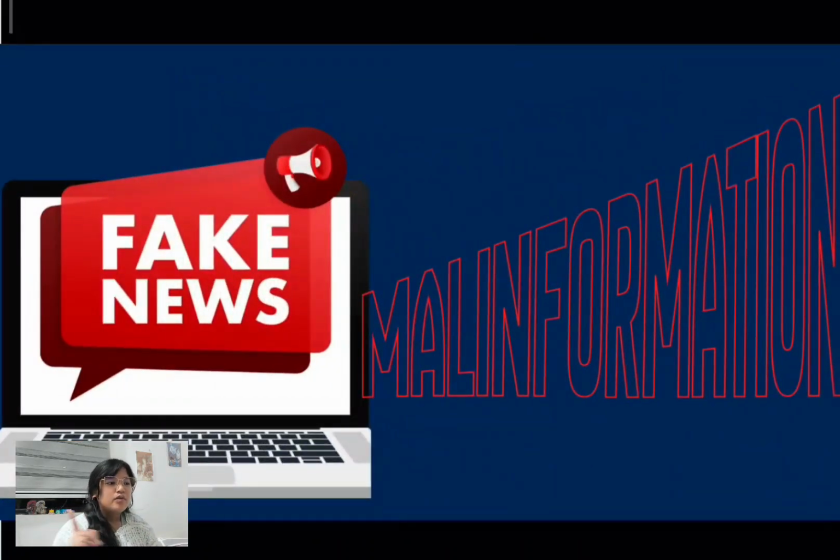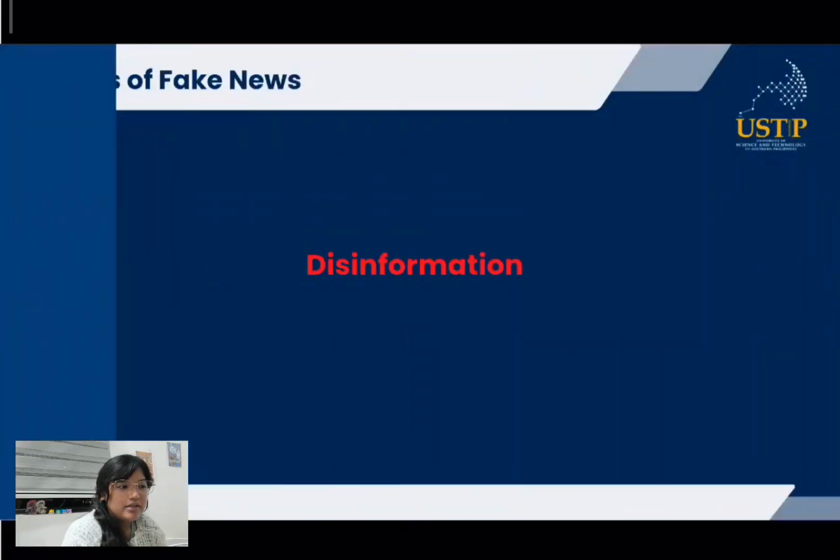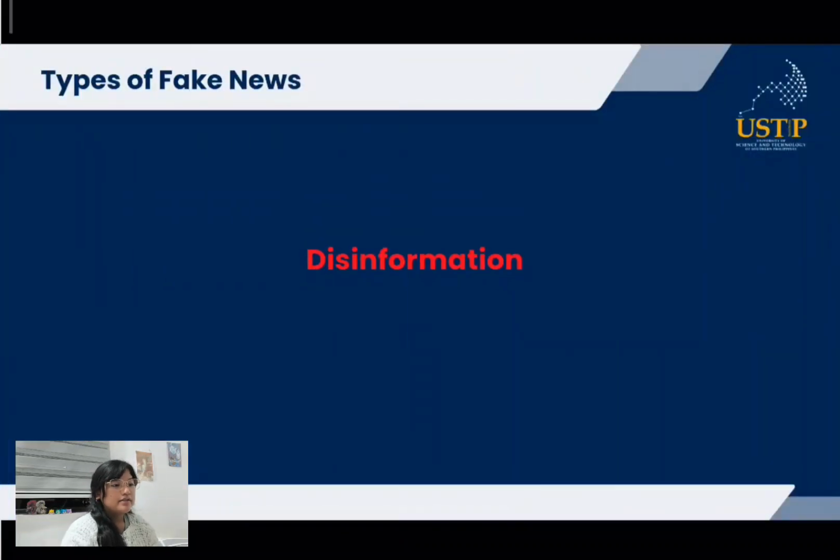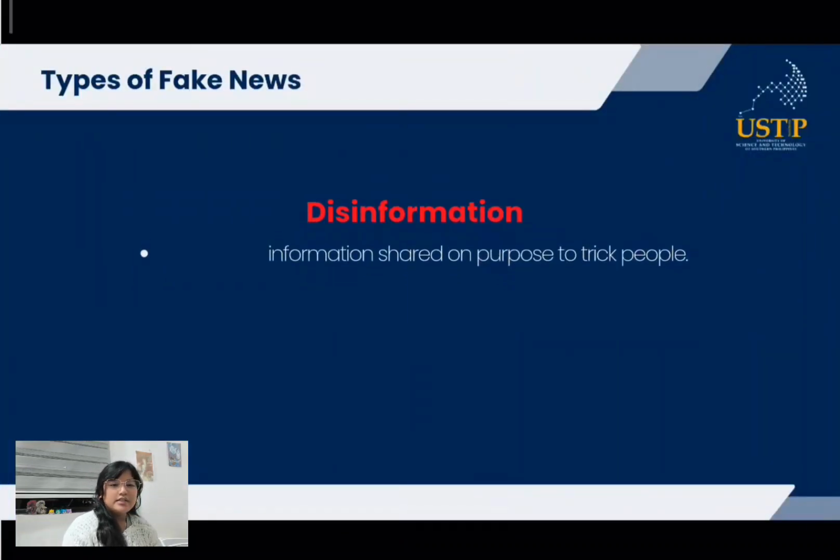Now, what is disinformation? Disinformation is accurate information shared on purpose to trick people? I don't think that's right. Actually, disinformation is wrong information shared on purpose to trick people.